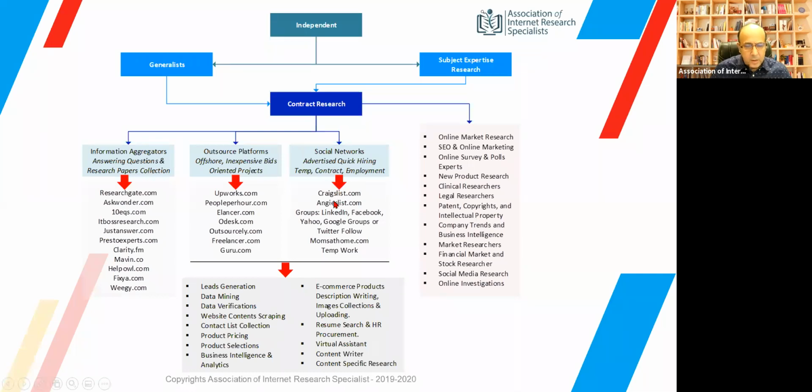And this red arrow pointing downwards is giving you an idea of the type of opportunities that exist in these platforms. So Craigslist, Angie's List for opportunities, groups that you can tap into, Twitter to see if there is a writer or anyone looking for outside services, momsathome.com and so on.